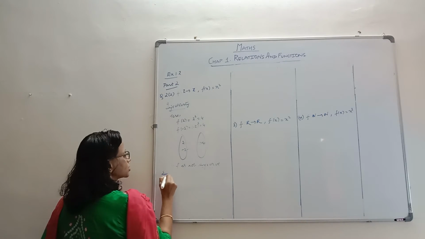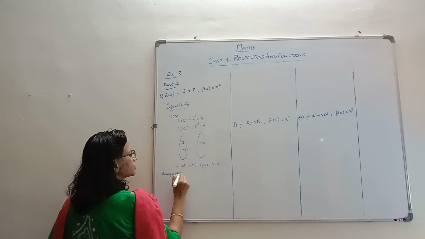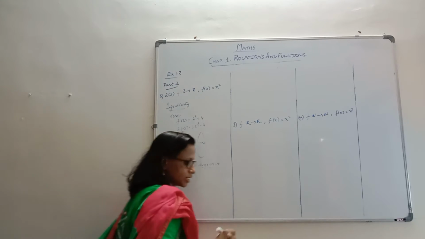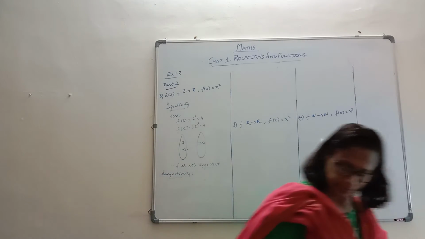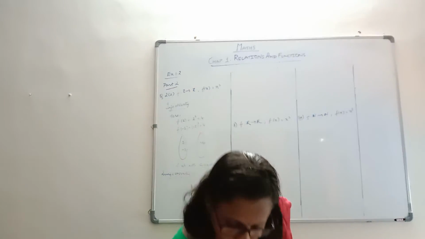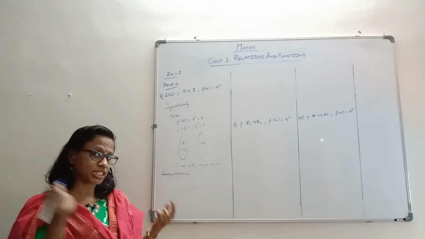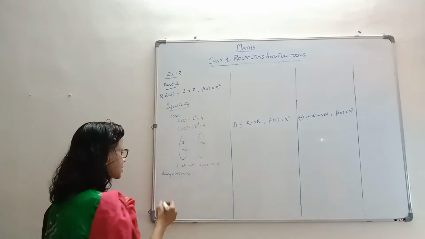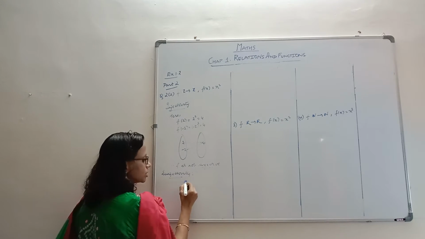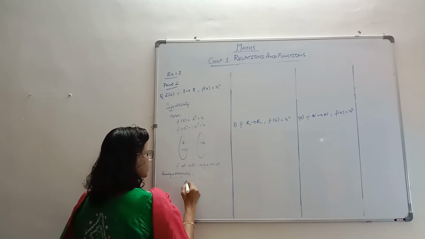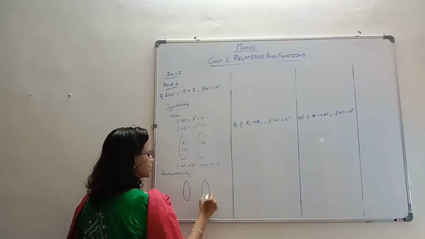Then we will look for surjectivity. Surjectivity means we have these two sets over here. This is one set and this is the other set.